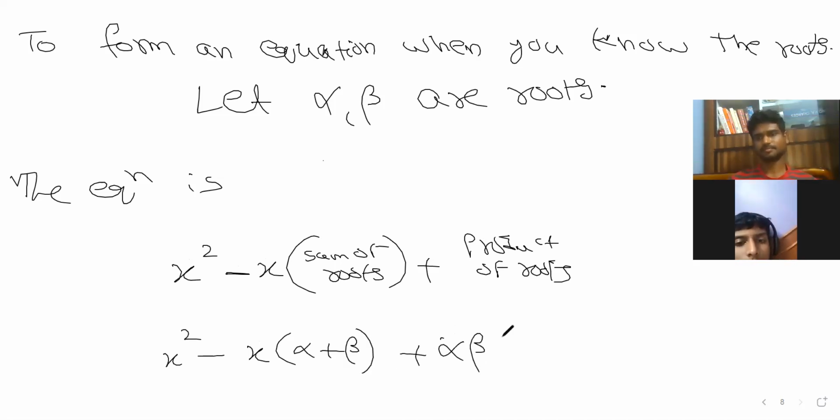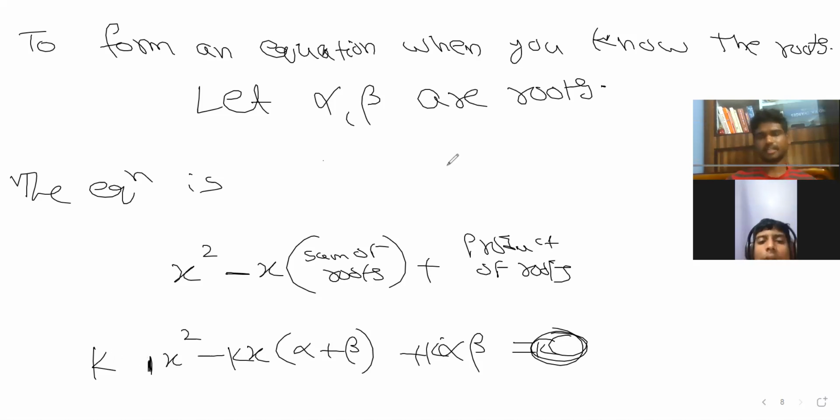Now why did they multiply with k? Because this is equal to 0, in general. If you multiply by k on both sides, you will get the same equation, because it is equal to 0 itself. So that's why k x square, k x into... Instead of a coefficient of 1, you can get k also. k means any other number.